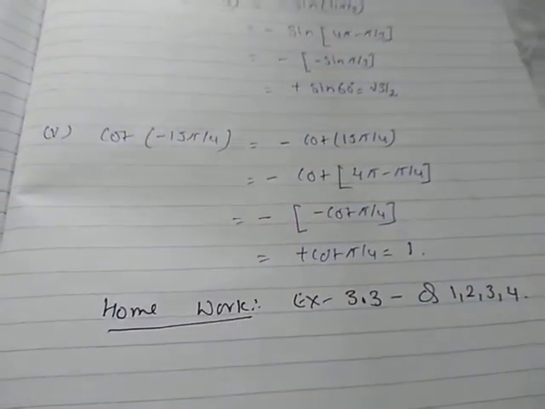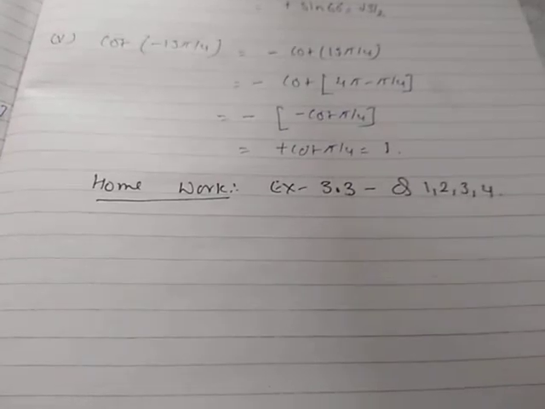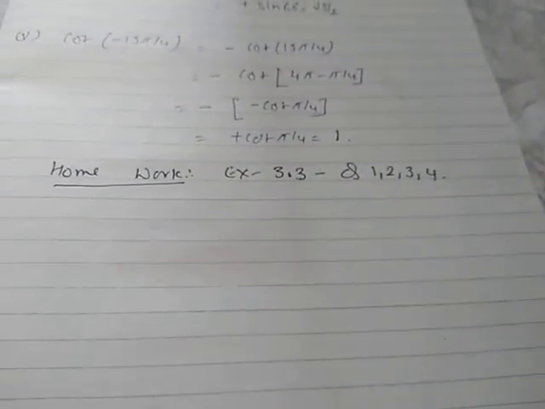So I have explained all the questions of exercise 3.2, children. Now some questions are given in exercise 3.3 based on the same concept, and the questions are 1, 2, 3, 4 of exercise 3.3. Now just see what the questions are.